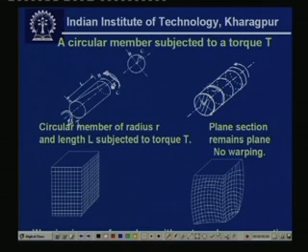But you know that in case of non-circular shafts we can encounter such type of warping coming into picture when it is a non-circular cross section. Nevertheless, we are concentrating our calculations on circular sections only.